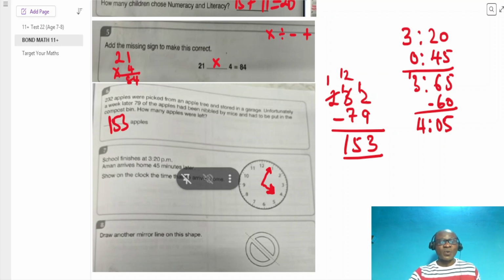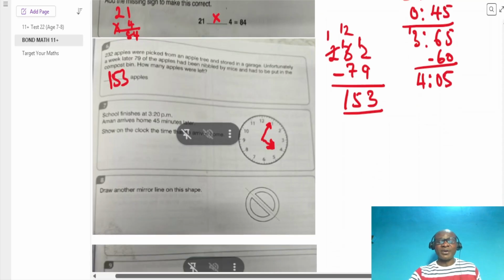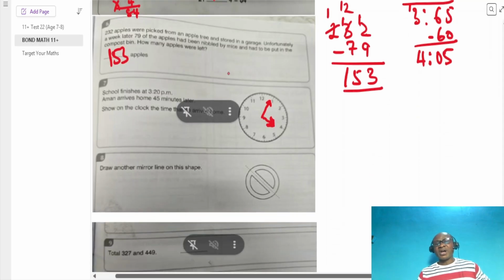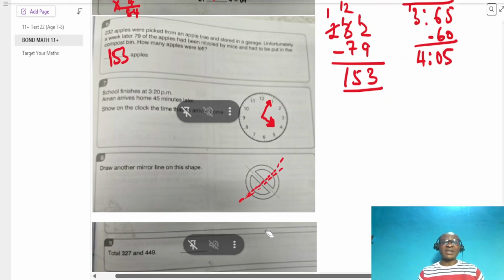Let's go to the next one. Draw another mirror line on this space. How do we draw another mirror line? We will draw it here so that it will be equally divided. Is that okay? Yes. Can you see what I did? You are going to do it using your ruler so that it can be straight. Mine is not straight.